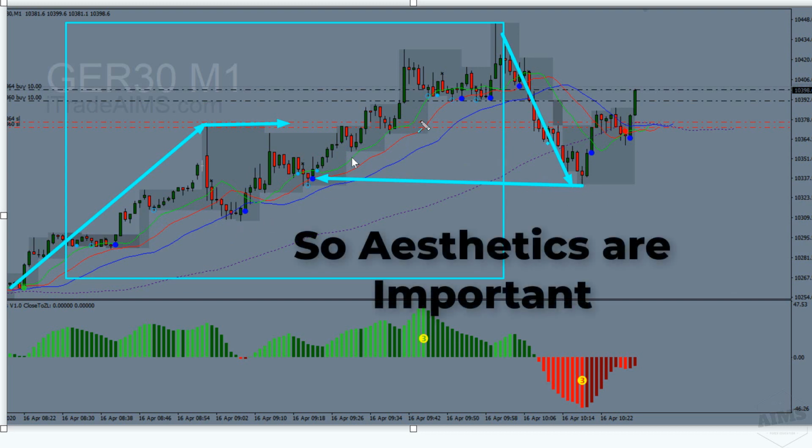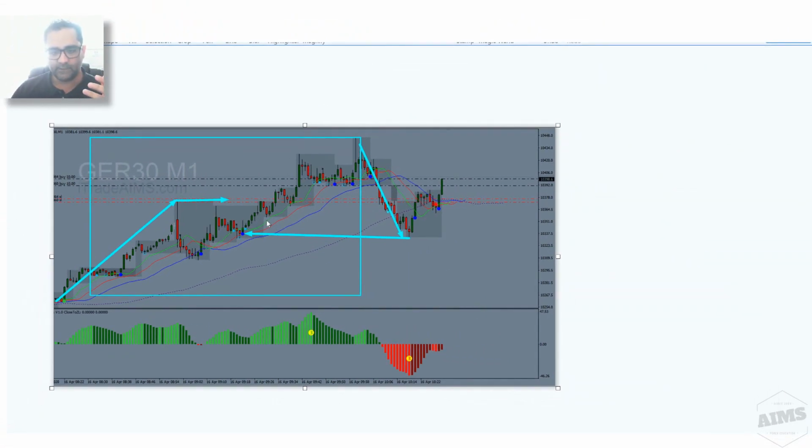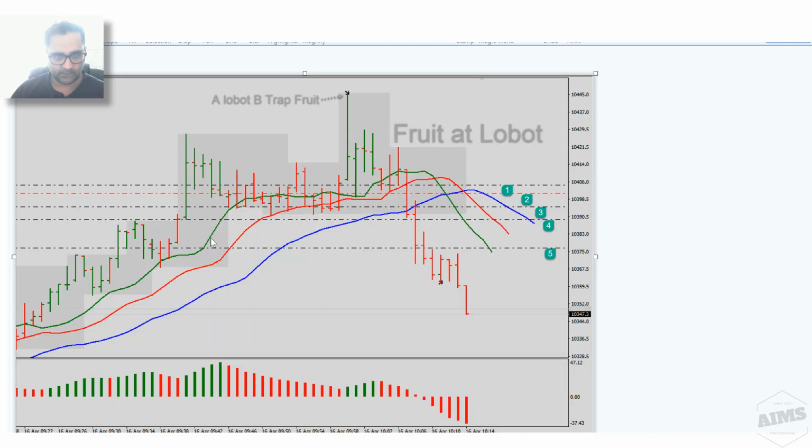But anyway, I was watching this, and I was looking at price. So this is part of my LOBOT trade, where I literally will look at the momentum of the chart. And that is what led me to take trades like this. Come up here. So at LOBOT, a LOBOT B-trap fruit.